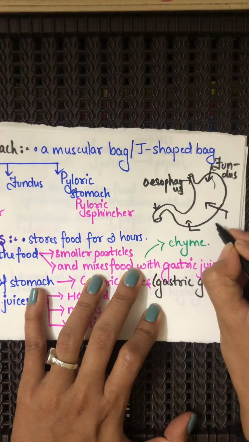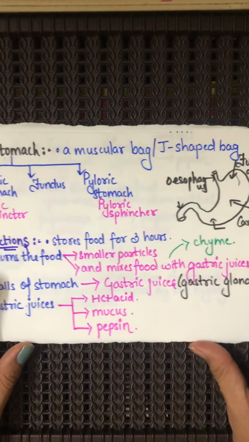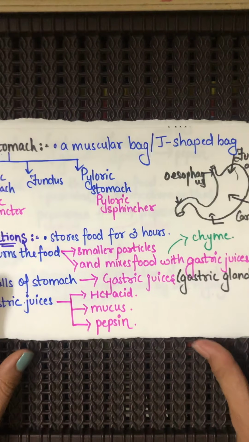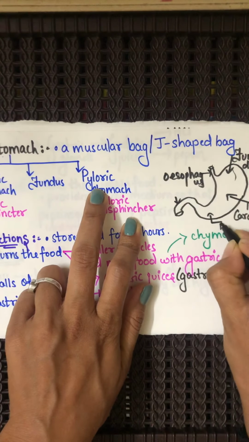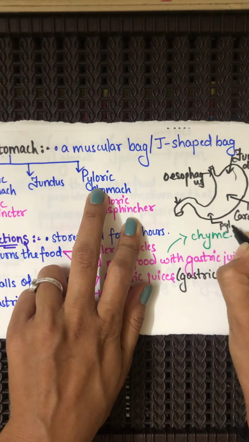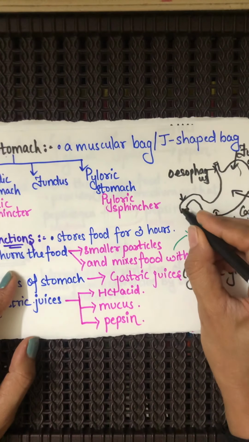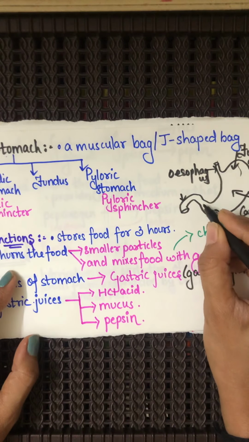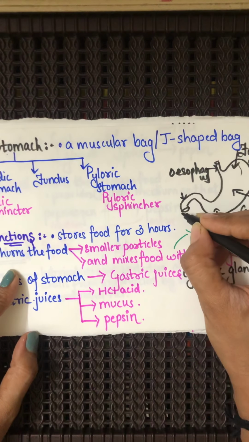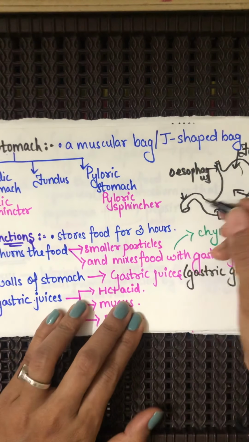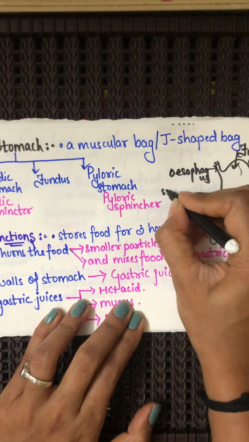This is termed the cardiac region of the stomach. And the last one is termed the pyloric stomach. Yes, and the stomach is leading to the next part, that is the intestine, the very first part of the small intestine that we'll be studying in the later part of the chapter. So over here we shall be writing it as small intestine.